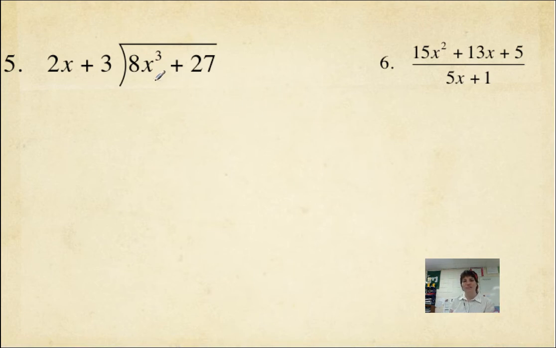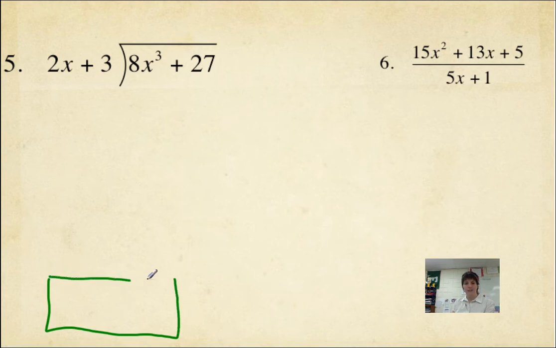So problem number 5. I didn't work all the way through the box method on this one, or on the previous one, so I will walk through the box method on this particular problem. I have an x to the third, so I know I'm going to need 3 columns in my box, because I've got to have an x to the third, an x squared, and an x.